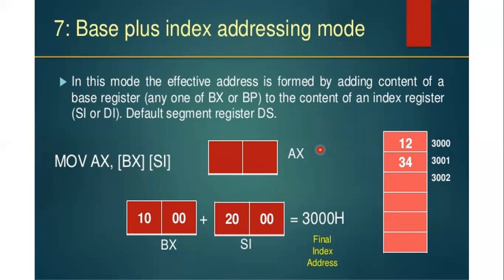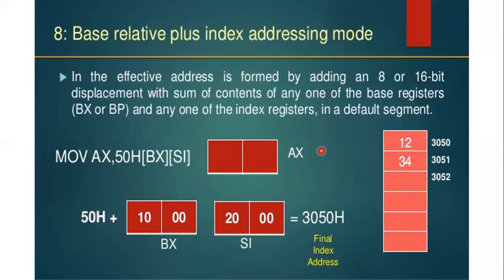The last one is base relative plus indexed addressing mode. Here, the effective address is formed by adding an 8 or 16-bit displacement with the sum of the content of any one of the base registers, either BX or BP, and any one of the index registers, that is SI or DI, in the default segment.